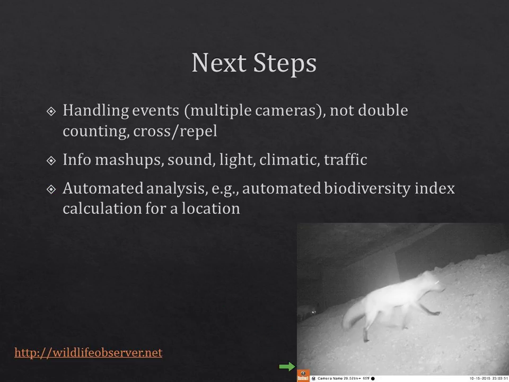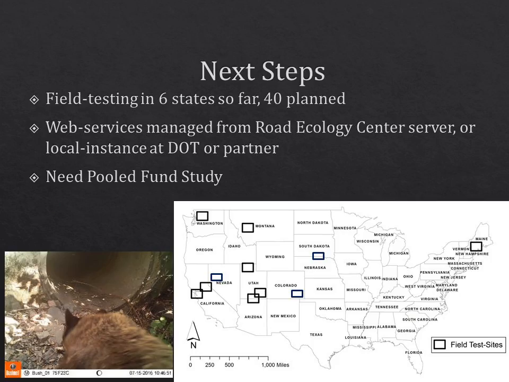Not finally, there's a few more next steps. We've tested the system in 6 states so far, and we would like to go for the majority of the country. So for those of you in states that we haven't worked with yet, then we would like to talk to you about that. Currently, we manage all of these web services through the Road Ecology Center server, but it is possible to develop a local instance of the website at a DOT or other government agency partner.